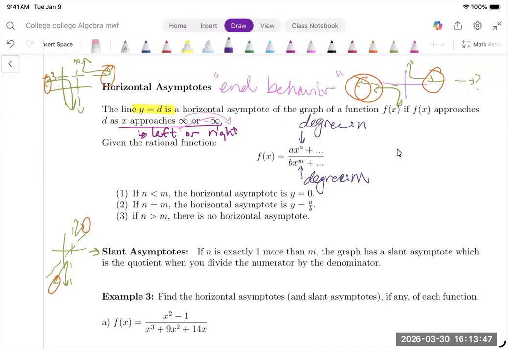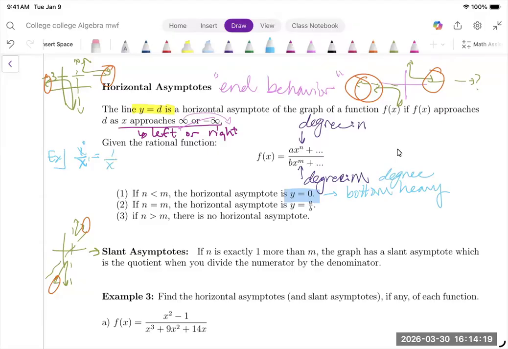If you're bottom heavy, degree n is less than m, then your horizontal asymptote is y equals 0. The reason for that is if I am degree bottom heavy, then I might have something like 1 over x, because up here that's x to the 0 over x to the first.